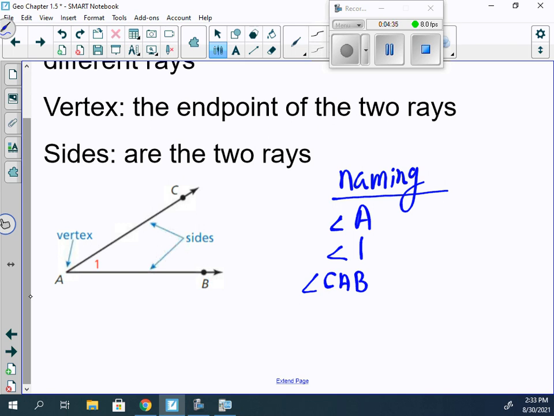C went to the vertex A and then came over to B. We traced the angle. Or what other way could we name this? Angle BAC. Because A is the vertex, we can't start in the middle. So when we use the three letters, we're almost tracing the angle out. So CAB or BAC. We don't start with the vertex.